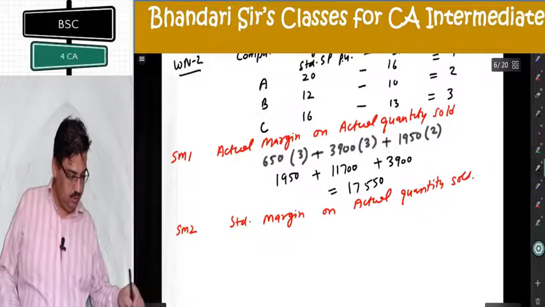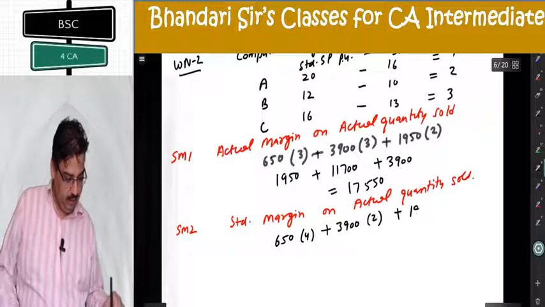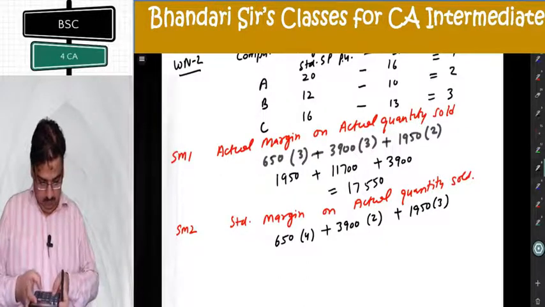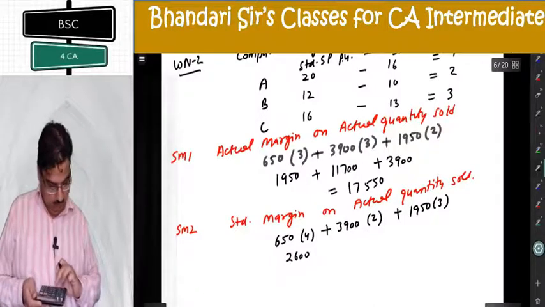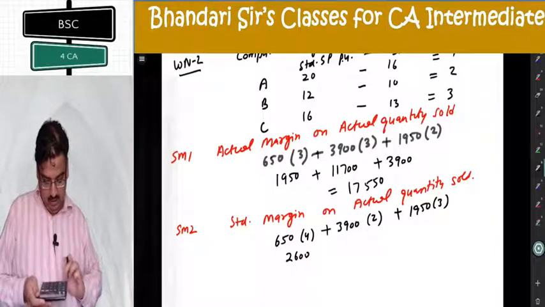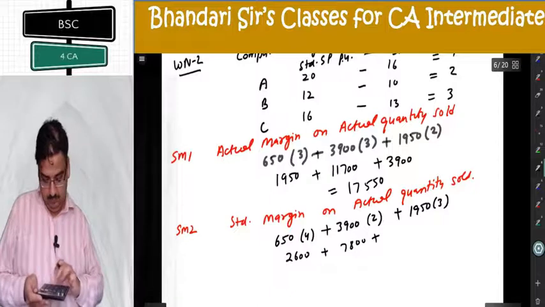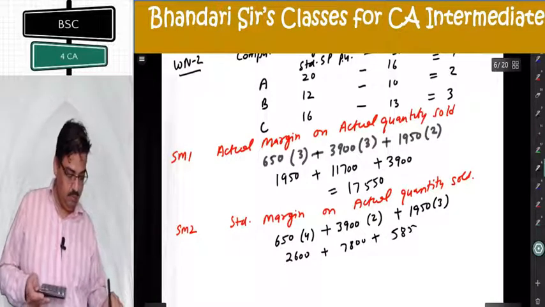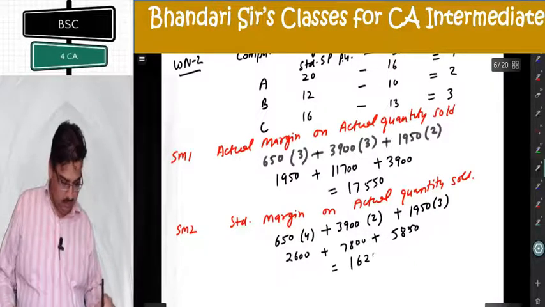Only rates will change. 650 into 4, 3900 into 2, 1950 into 3. 650 into 4, 2600. 3900 into 2, 7800. 1950 into 3, 5850. I hope I am getting 16,250.